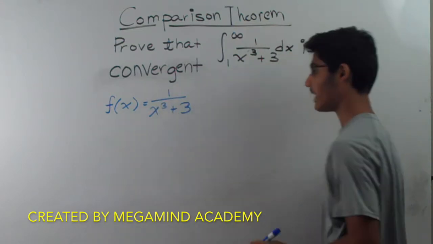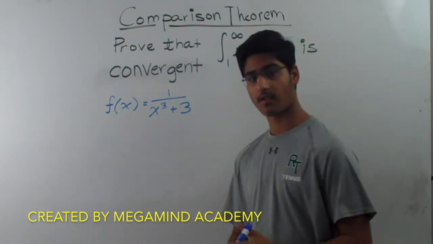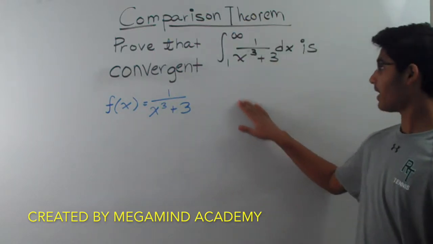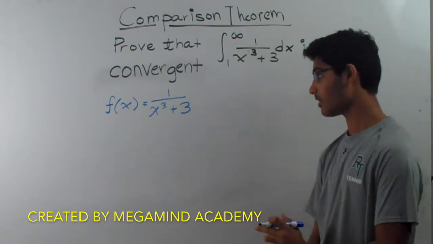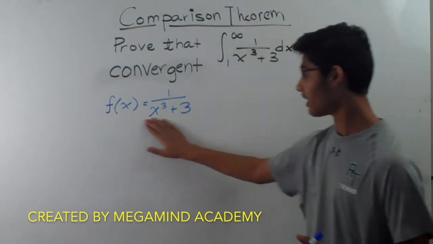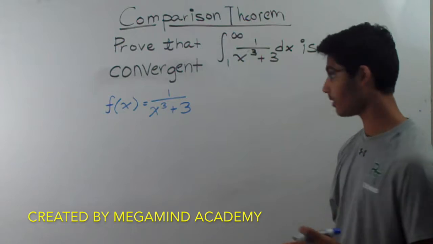We have to prove that this is convergent. To prove that this is convergent, we need to have this be greater than 0 on the domain of the integral. So from 1 to infinity, all y values on this function will have to be greater than or equal to 0.